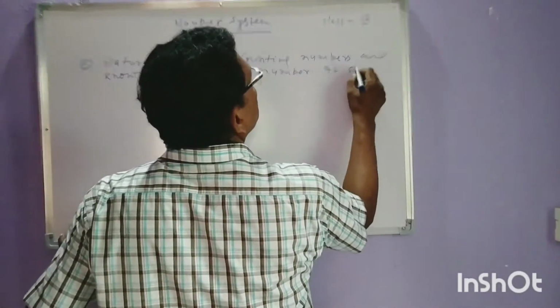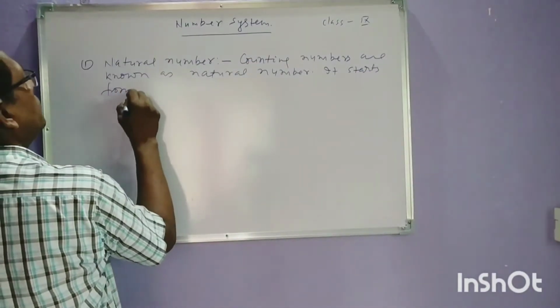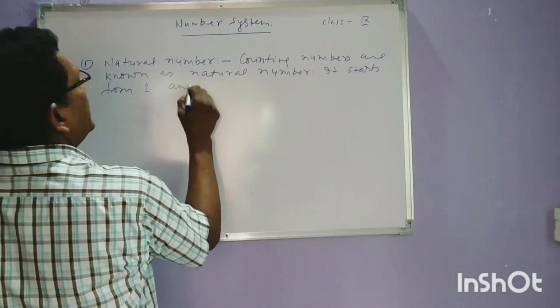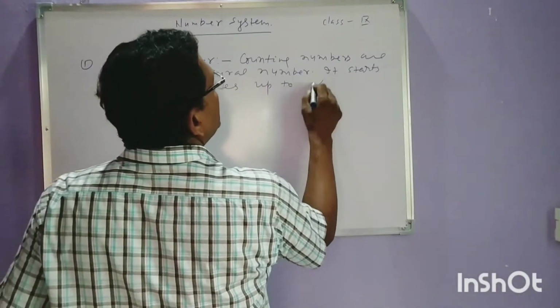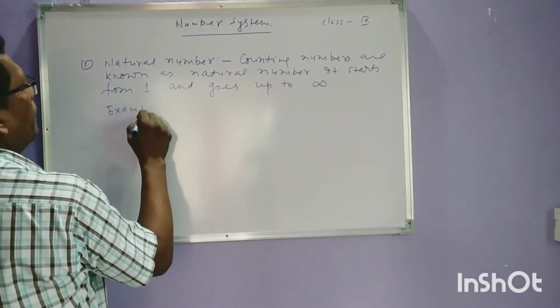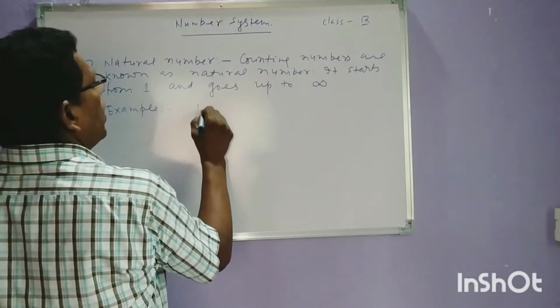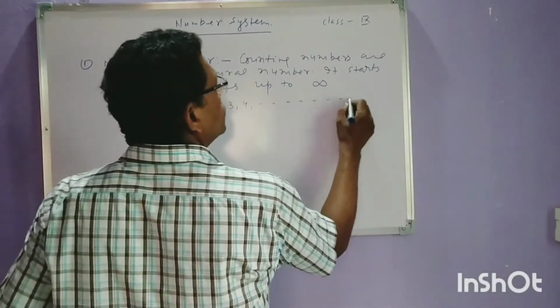It starts from 1 and goes up to infinity. Example: 1, 2, 3, 4 and so on.